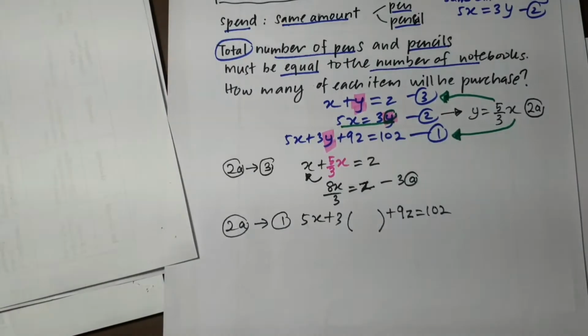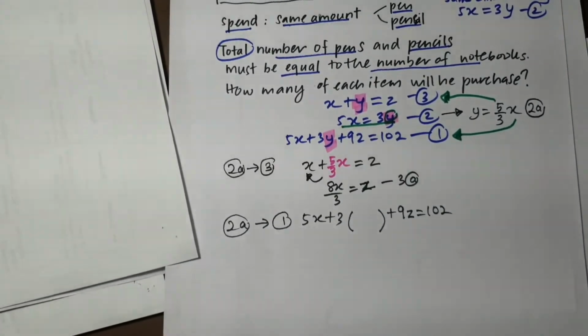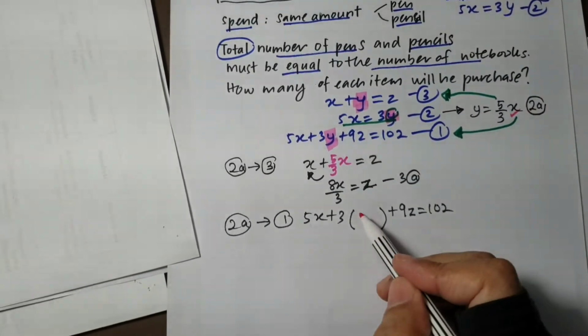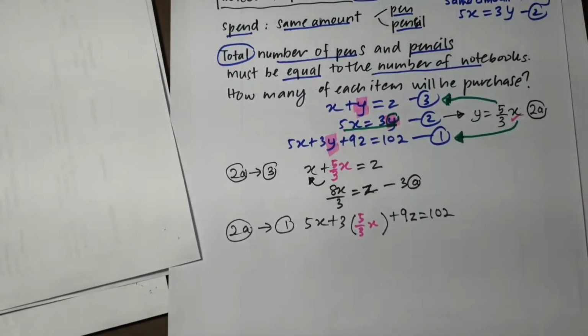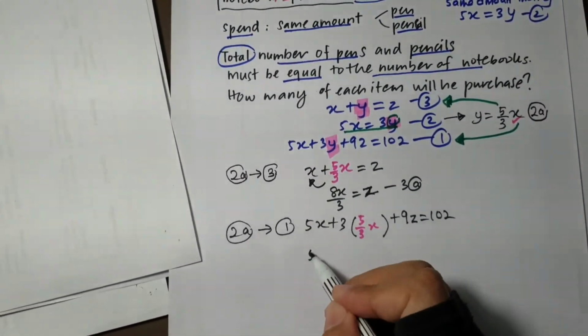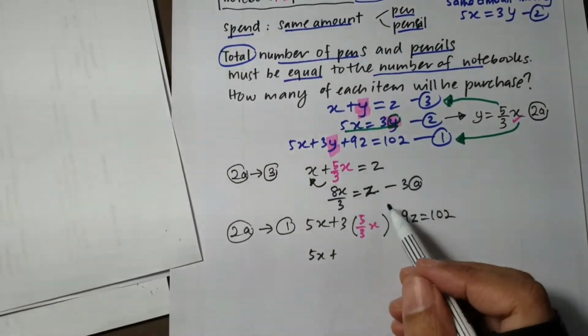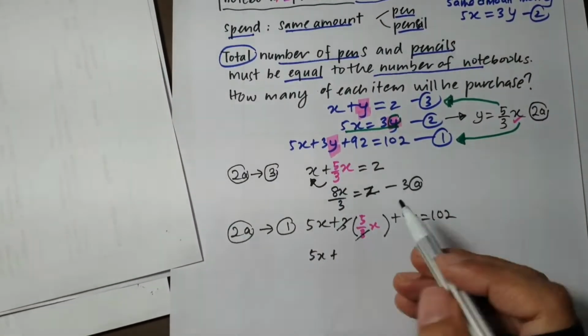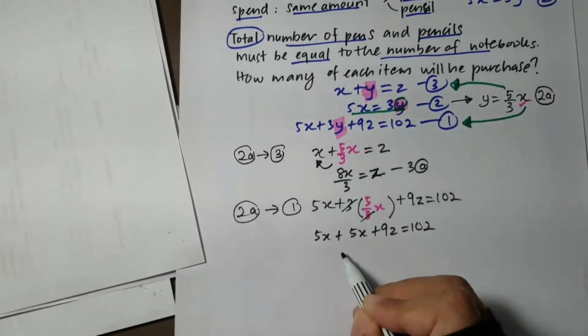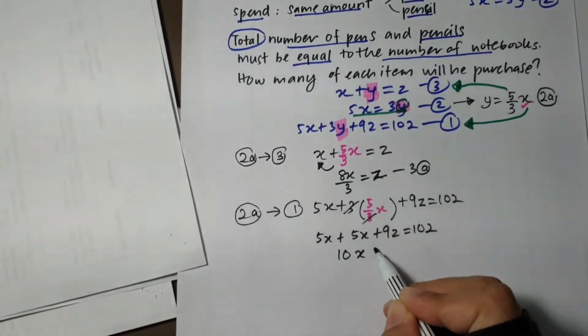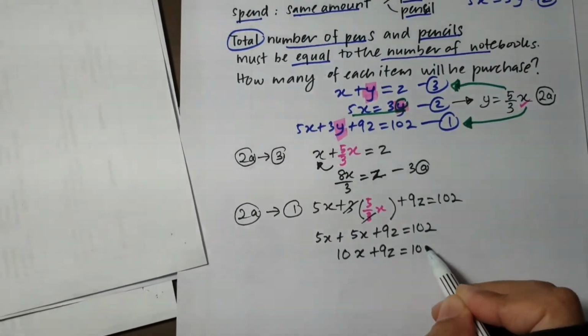Your y right now is 5 over 3x, this one. Okay, solve. This one can cancel, become 5x. Okay, you now have 10x plus 9z equal 102.